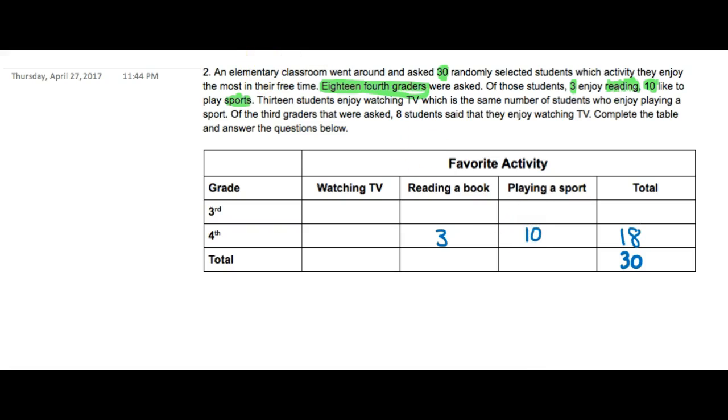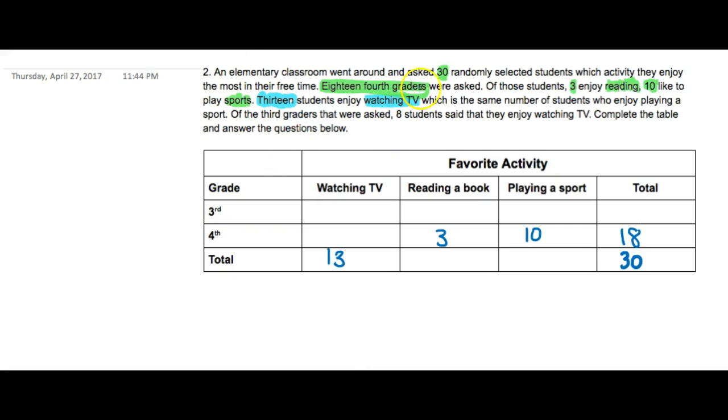Okay, now we have a new little key phrase for us. 13 students enjoy watching TV. So what they're telling us is that out of everyone, we have 13 who like to watch TV. So going down to TV, there were 13 total.